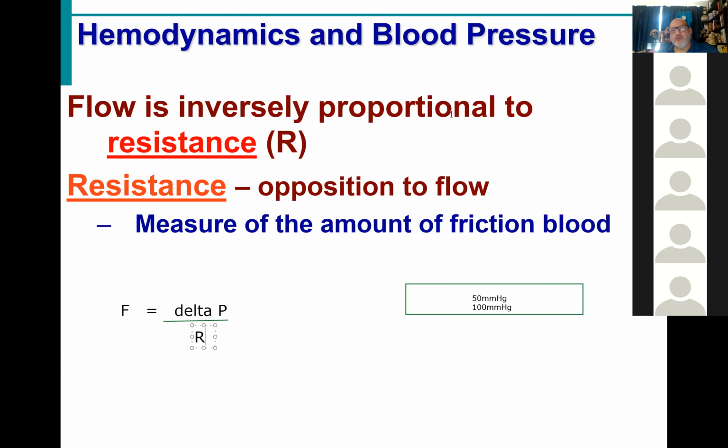So if, as we were talking about before, I was to suddenly double the resistance by narrowing the blood vessel, what would happen to my flow rate? Decrease by half. It decreased by half, exactly.